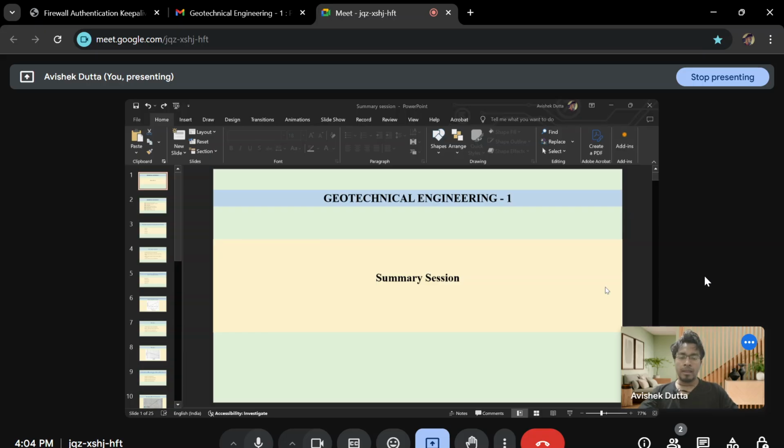So now, in this session, in the form of questions and answers, it is going to be an overall summary discussion of the major chapters that have been covered.